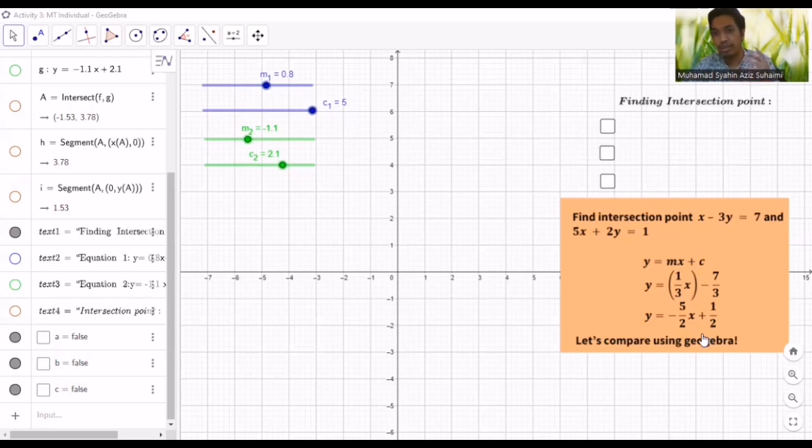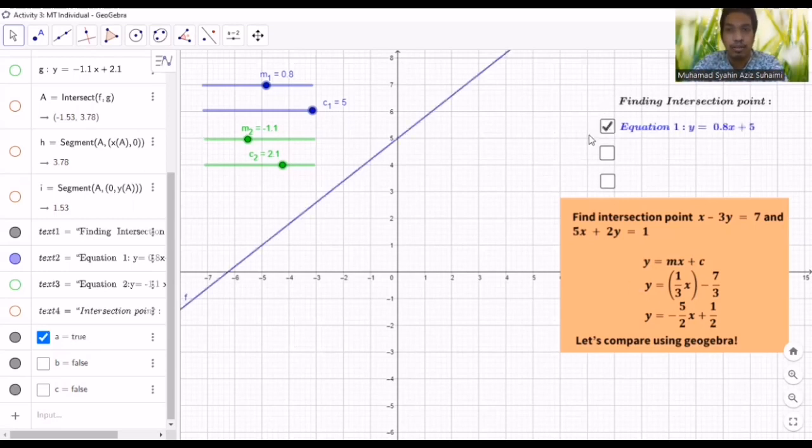And we compare them using GeoGebra. And we prove to you that the intersection point you get through the elimination and substitution methods, you will get the same coordinates. You will get the same x and y values. Okay, now we will try to prove to you, using GeoGebra, the same value as you get using the substitution and the elimination methods.